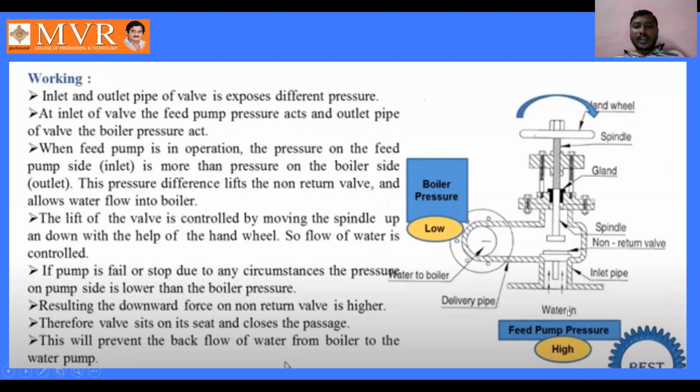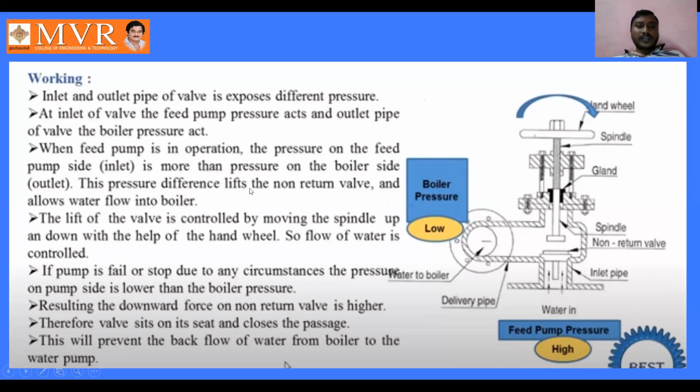Due to the pressure at the inlet, the non-return valve moves upward, and then the water is going to enter inside.